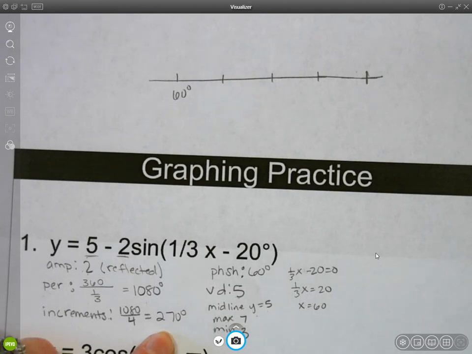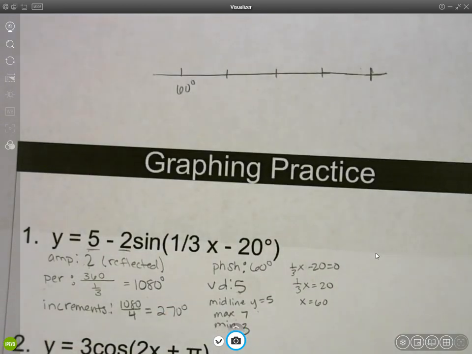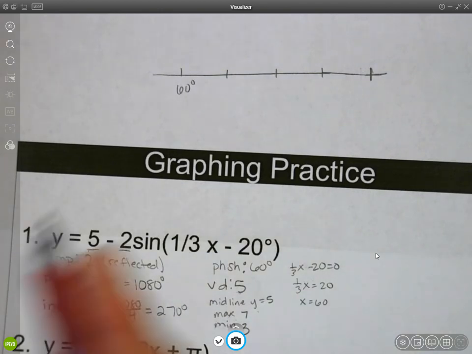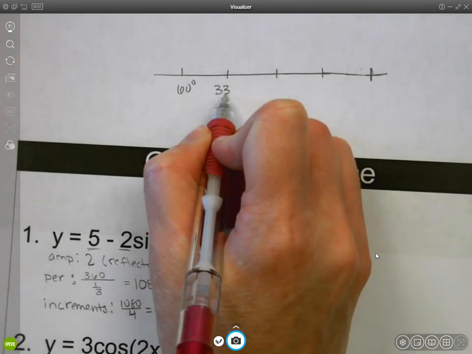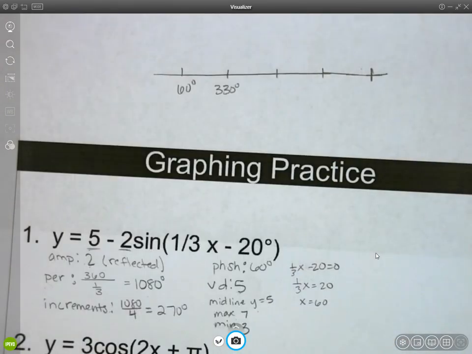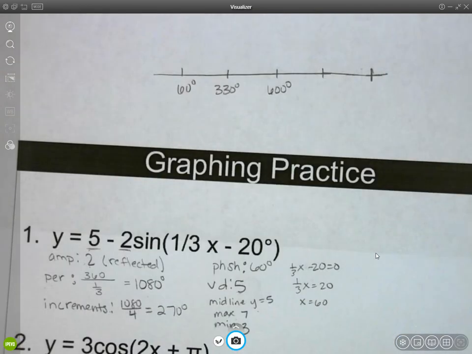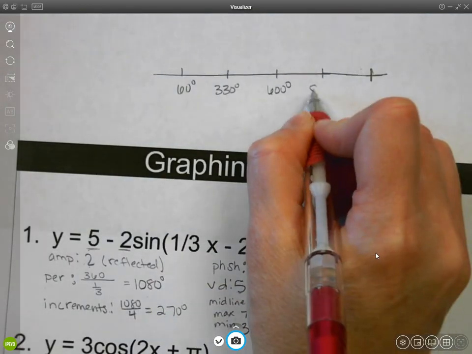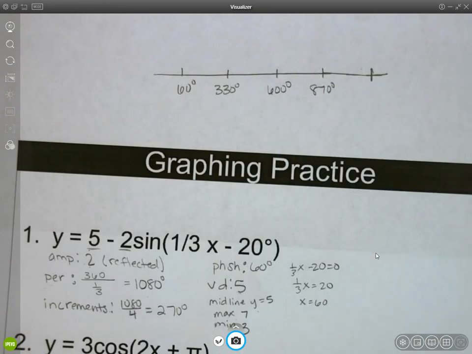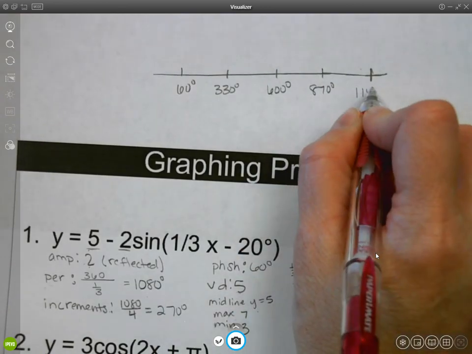So if I do 60 plus 270, I'm using my calculator, so I want to make sure that I don't get the wrong numbers and confuse you. We get 330 plus 270 is 600 plus 270 is 870 plus 270 is 1140.